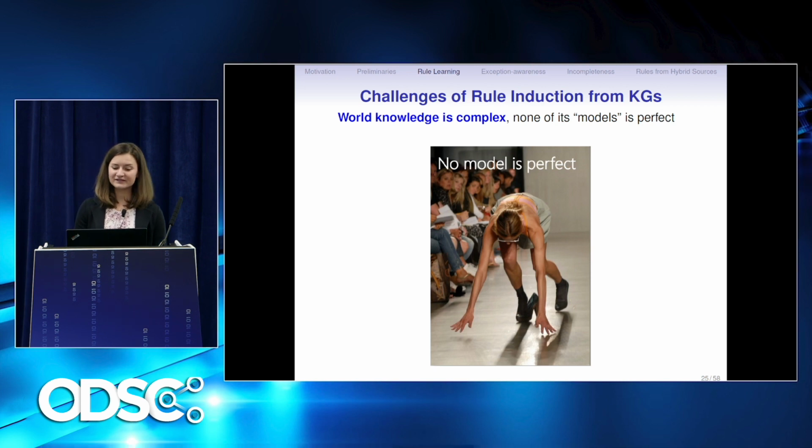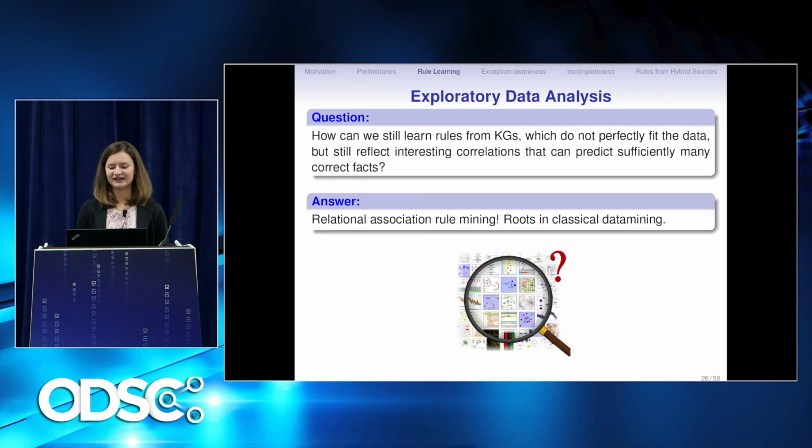So, what could we actually do in order to still learn rules from knowledge graphs? One way is to go in the direction of exploratory data analysis. Here, one is answering the question of how different correlations that appear in the data could be exploited and mapped to some sort of rules.